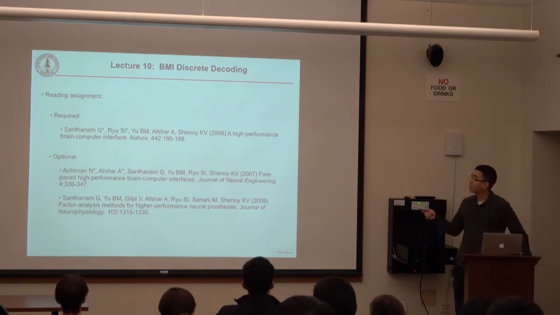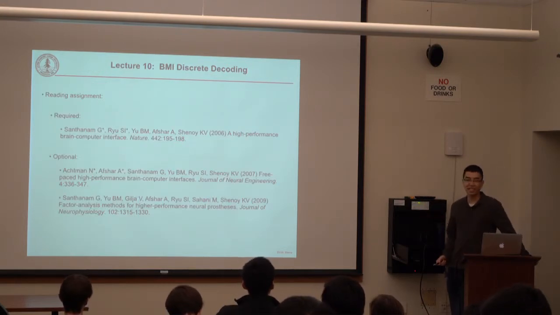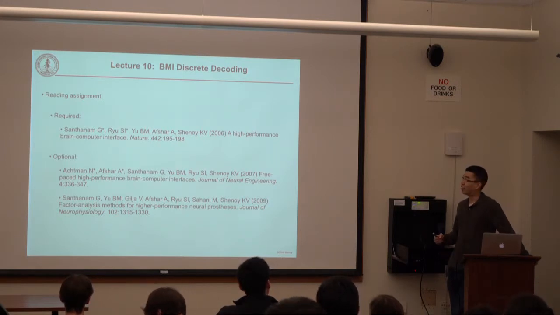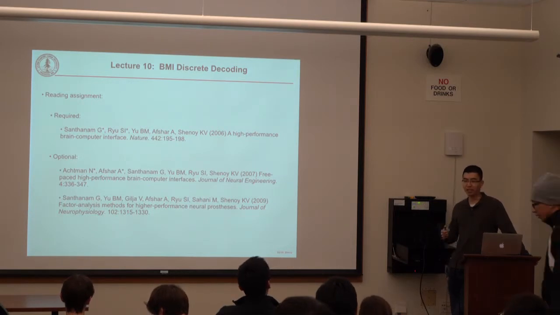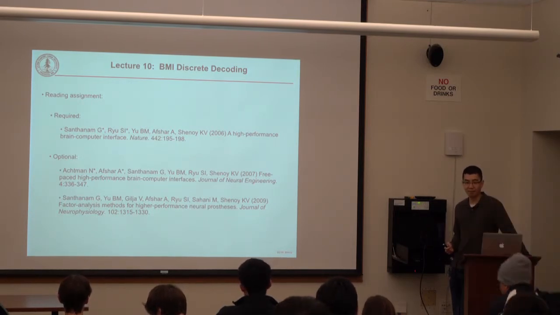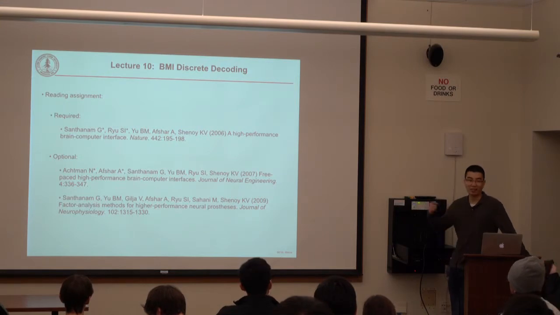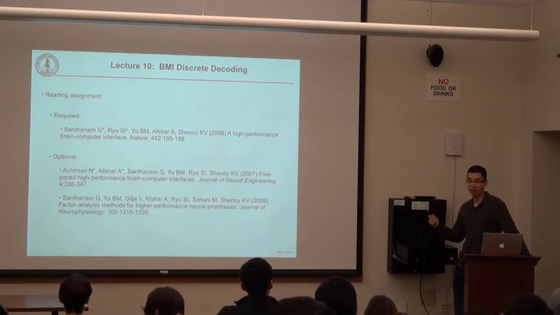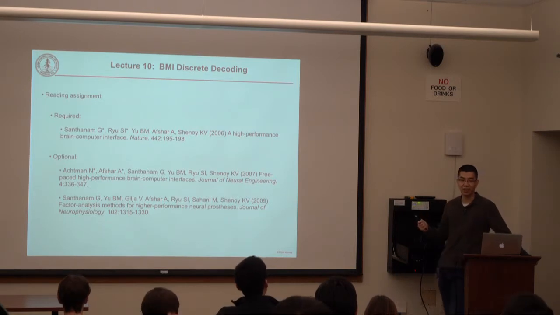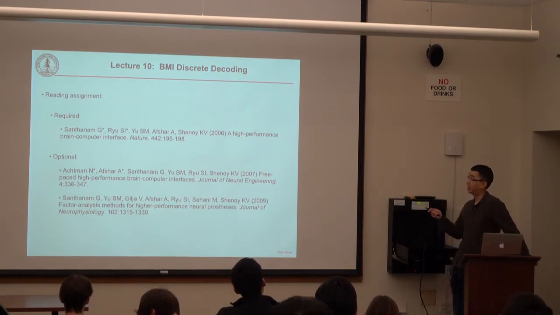Today we're going to start lecture 10, which really gets into discrete decoding. We're going to first overview what we mean by decoding, but we're also going to start to get into the more mathy part of the class where we get to play with real neural data and real algorithms that translate that neural data into communication or motor signals.